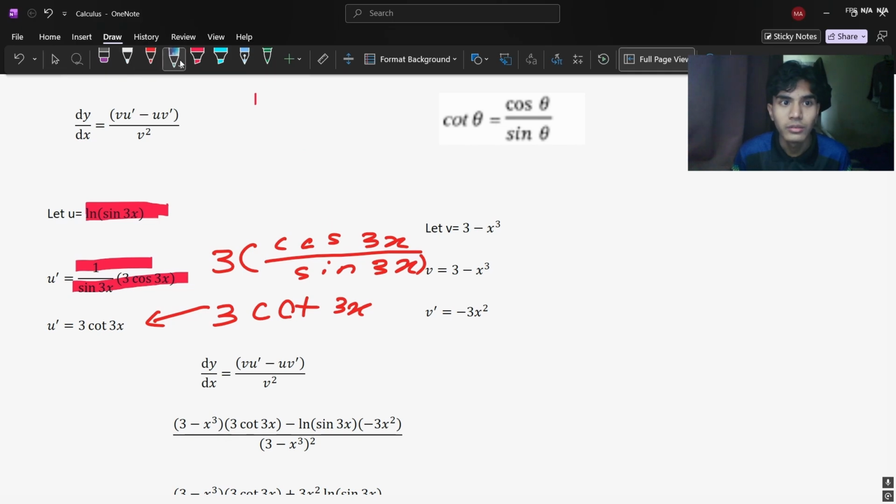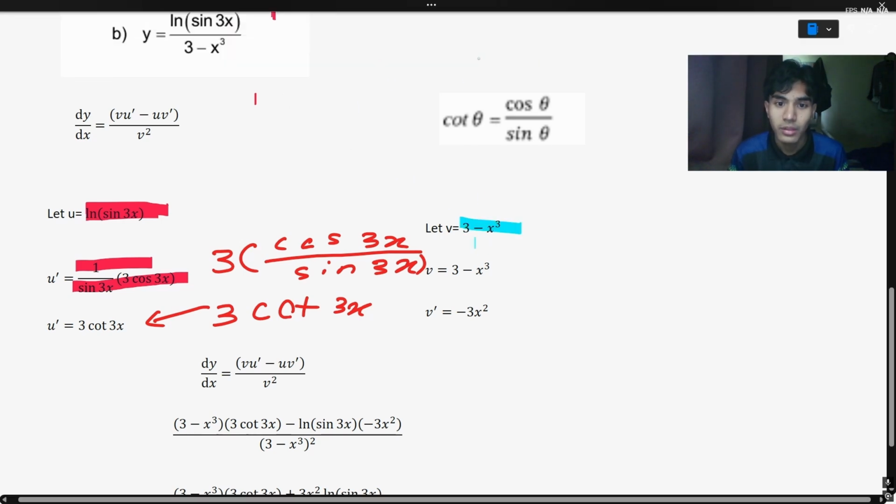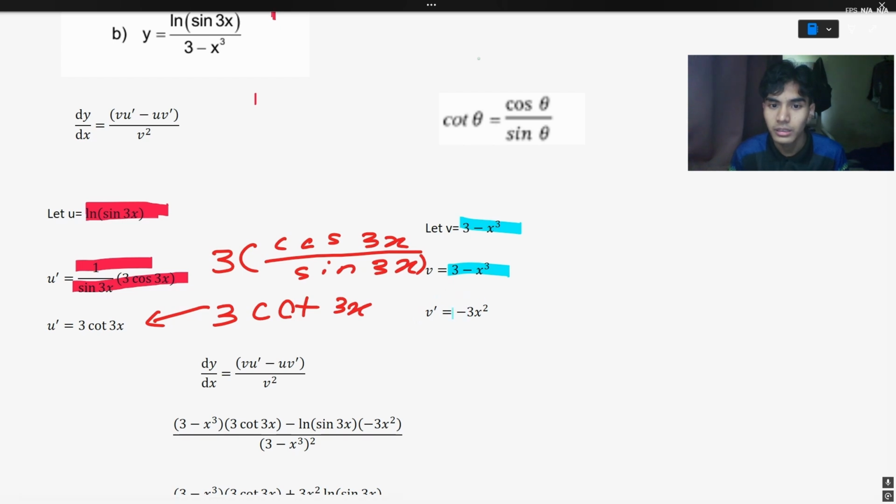We can go ahead and do the other side now. Let v equal 3 minus x cubed. After differentiating, we'll get minus 3x squared, which is easy.